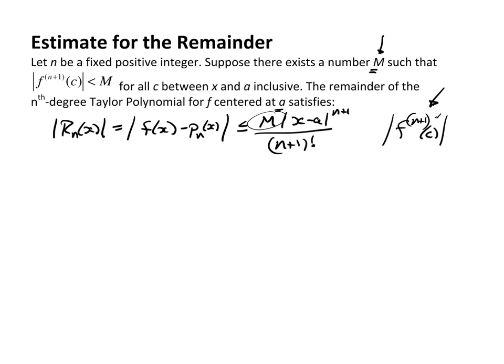Now, the problem is that this commonly results in the value you're trying to estimate. So if I have something that's monotonic like this, and this is my known point A, and this is the value of x that I'm trying to estimate, and I take the derivative and maximize it over this interval, well, if this derivative is linear or quadratic, if it's monotonic, it will maximize when x equals a.